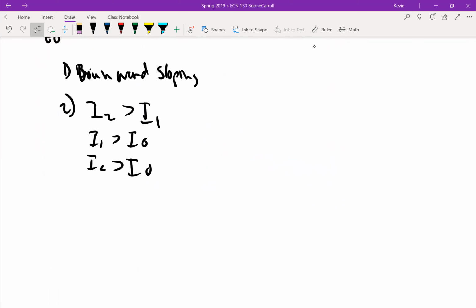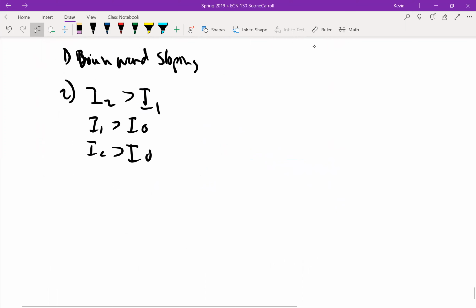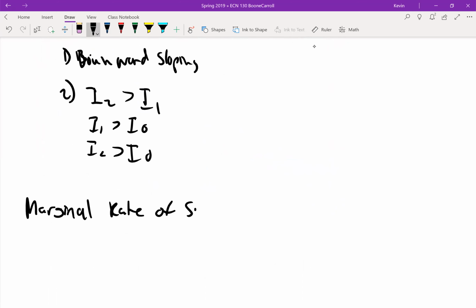And with our indifference curves, we ran into this idea, or we ran into this calculation, and it's called the marginal rate of substitution. And basically what this said is, how much of one good can I give up? Or let's say that it says what trade-off of goods keeps me equally happy.